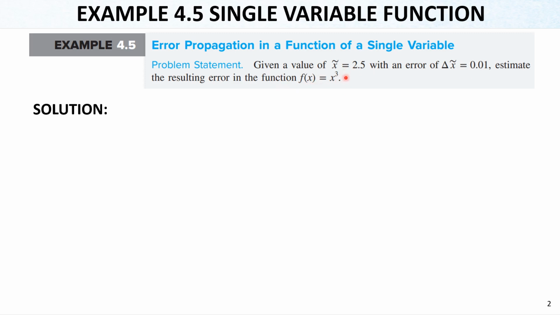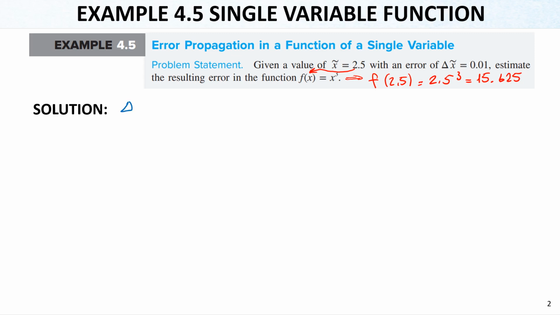So we can calculate the function value at 2.5 by simply writing it down. 2.5 cubed is equivalent to 15.625. So let's keep this in mind.